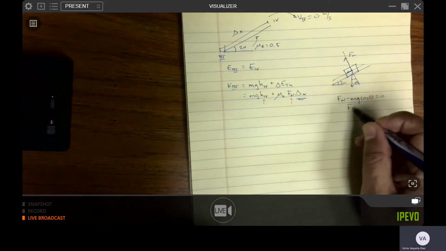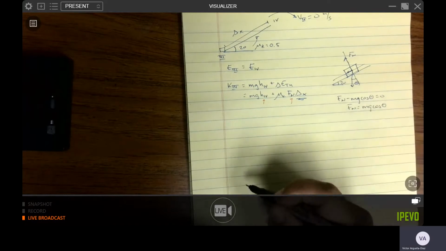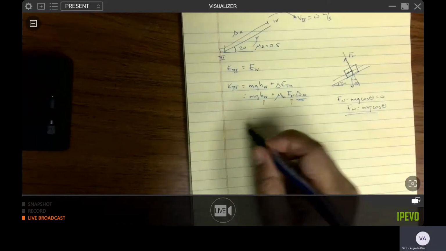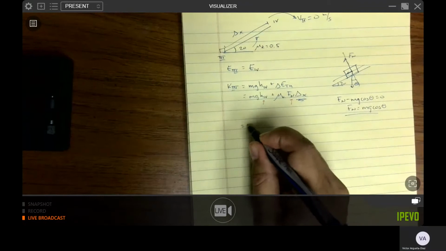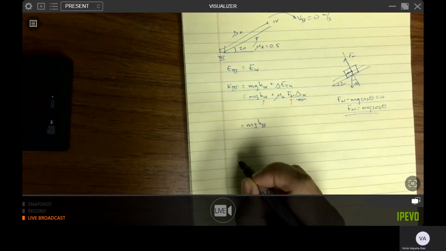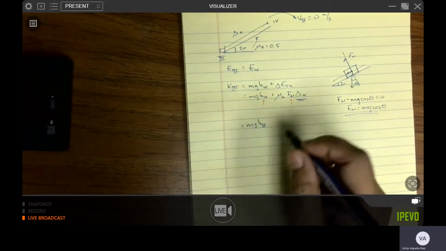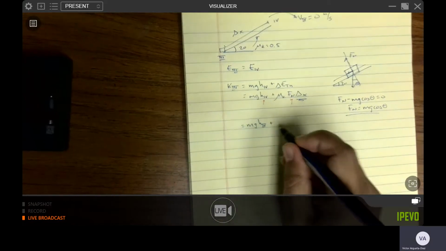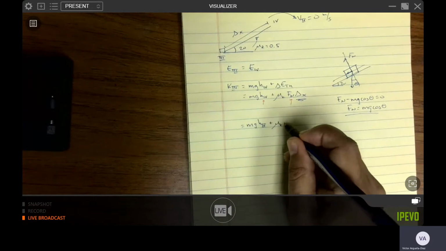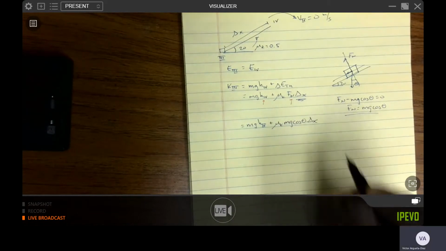So the normal force is going to be equal to mg cosine of theta. Okay, so mgh, so we have here the gravitational potential energy plus mu k mg cosine of theta delta x.